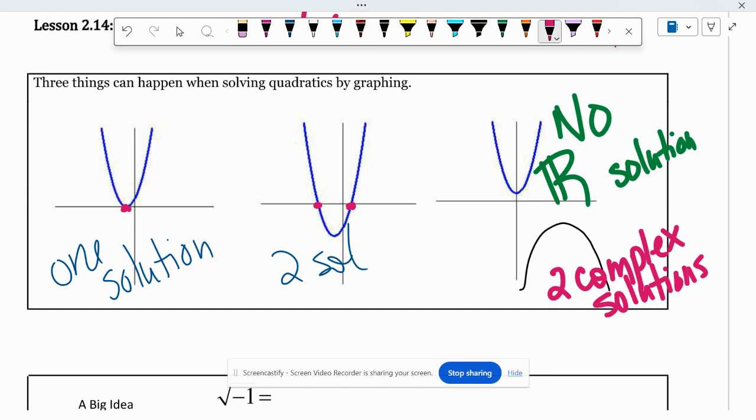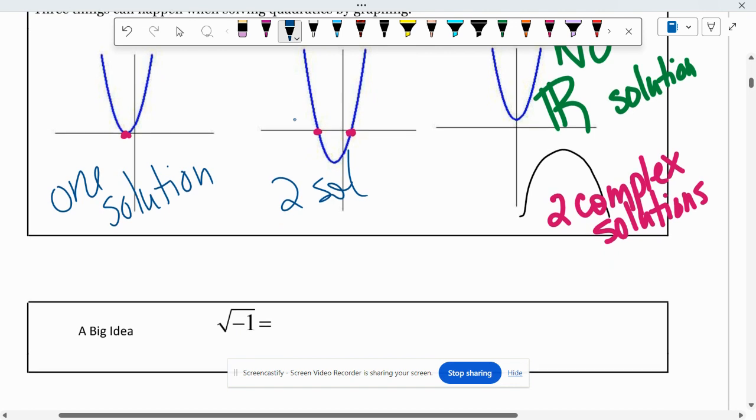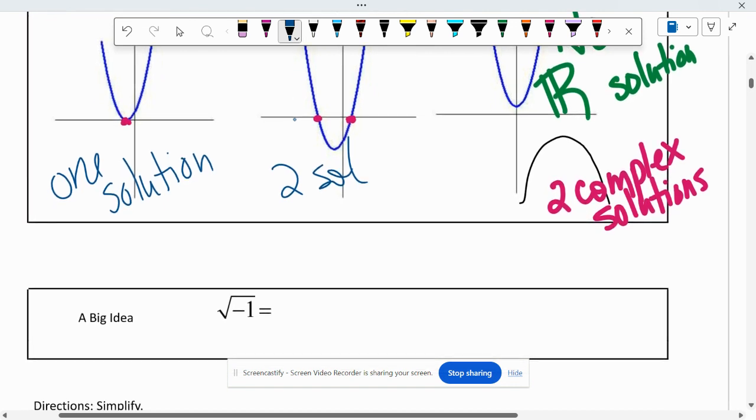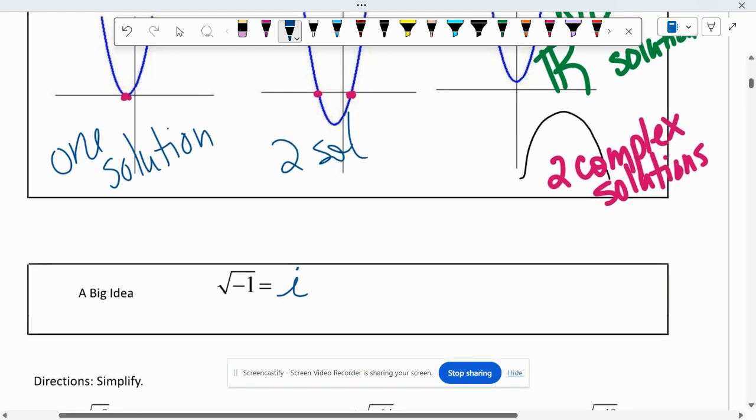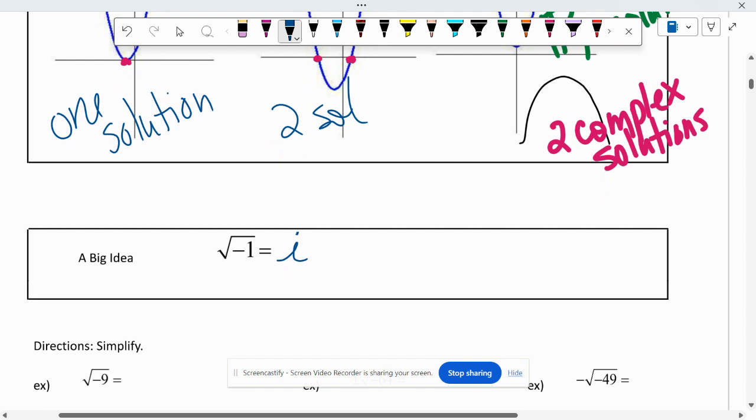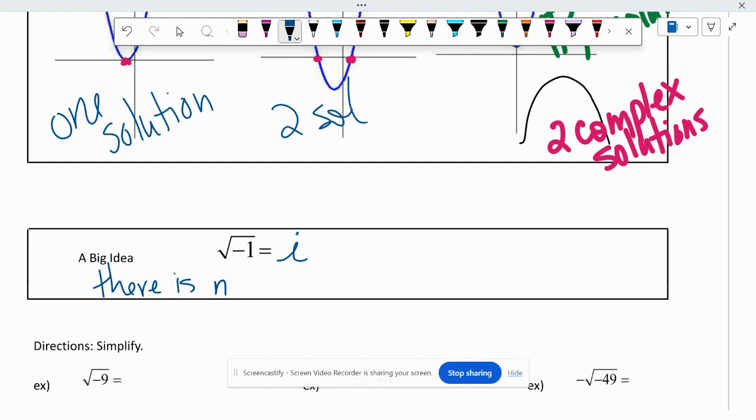Okay. So what's the big idea with this? Well, the big idea is this whole square root of -1. So when we have the square root of -1, we pull it out and we replace it with an i. So remember that we can't take the square root of a negative number, right? So I'm just going to write, there is no number that when squared equals a negative.